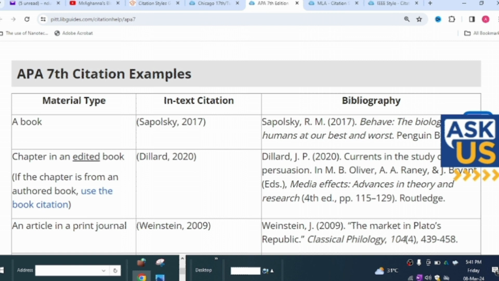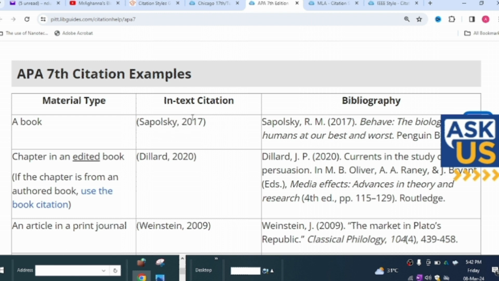So let's consider a few referencing styles that are important for your project. One is the American Psychological Association's referencing style. This is the 7th edition of the citation style. For a book that you consult, inside the body of your work, use this method to cite your work.